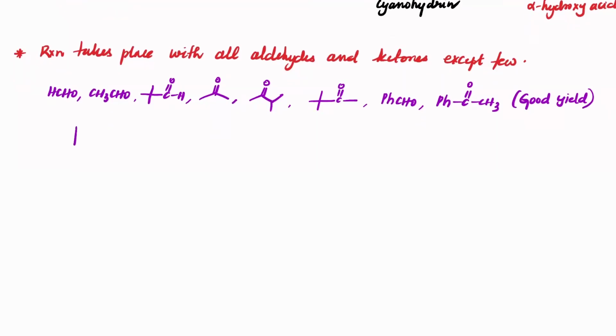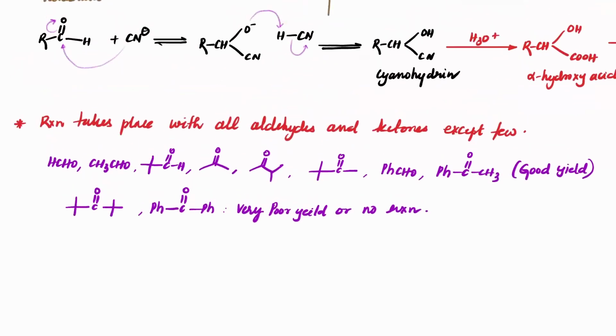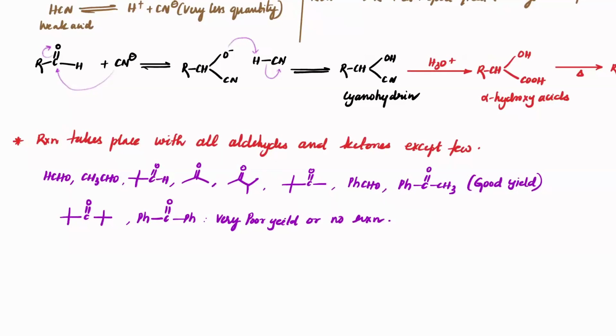Which are not giving good yield or almost stop the reaction? If you have this form, or Ph, C double bond O Ph, we can say there is very poor yield or no reaction. So we can say these two cases will not give you much of a reaction in this case. Got it?